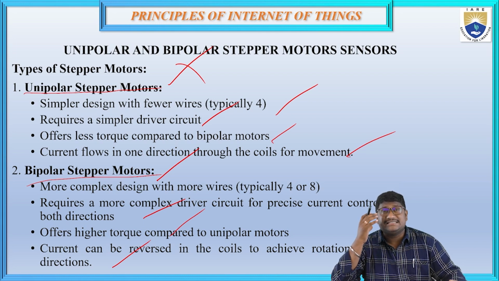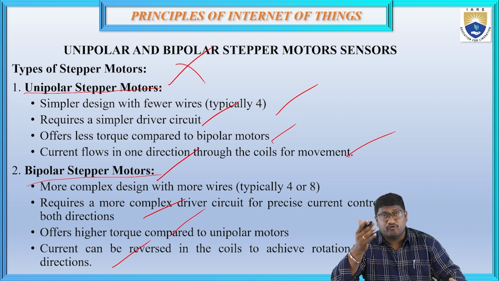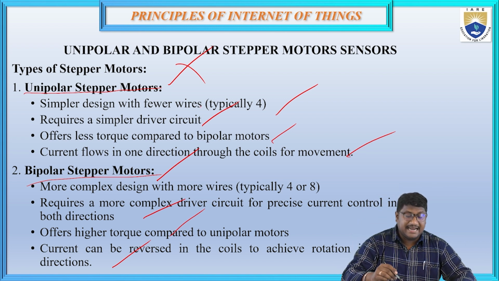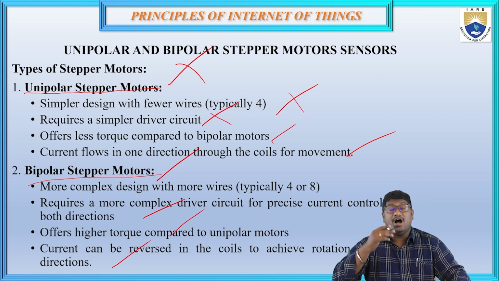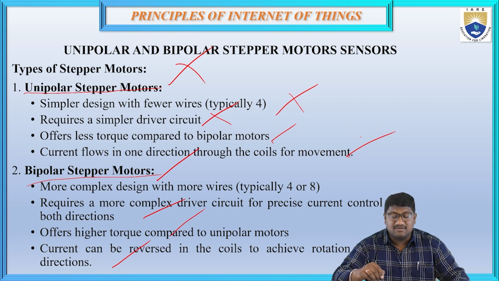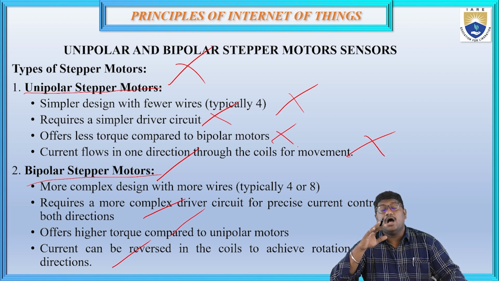Here we have a simple design, typically with 4 wires, which requires a small simple driver circuit, and it offers less torque compared to the bipolar. Why? Because we are only using half winding and the current flows only in one direction through the coil. This is how the unipolar stepper motor functions.